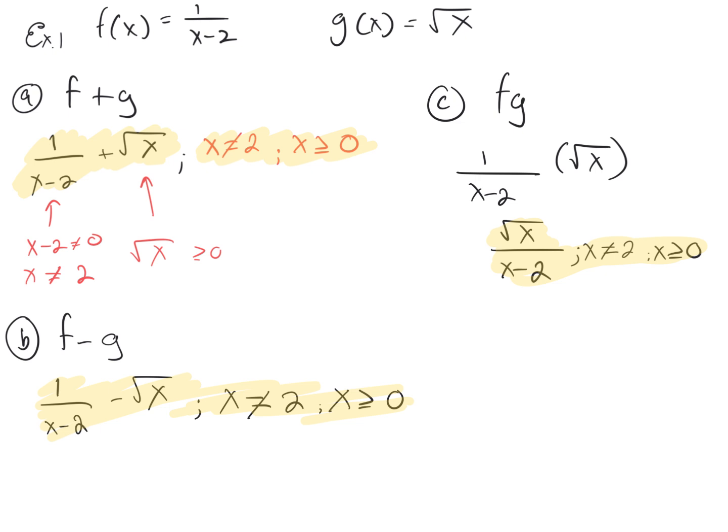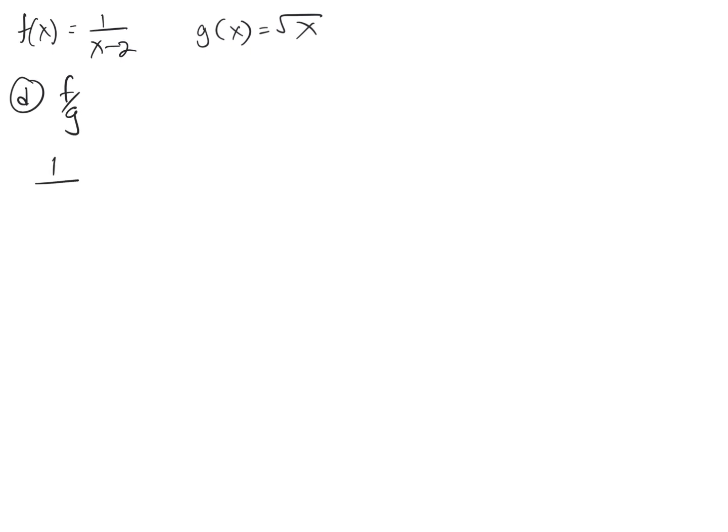Now, I'm going to do division in a different slide. All right, so for D, let me write the equations up here. We're still in example 1. So for example 1, part D, they're asking us to do f divided by g. So that's going to look like 1 over x minus 2 divided by root x.